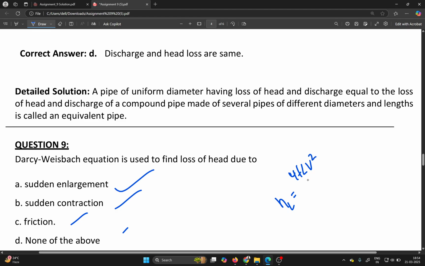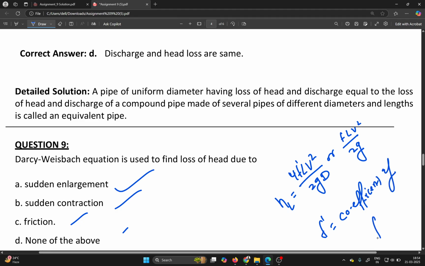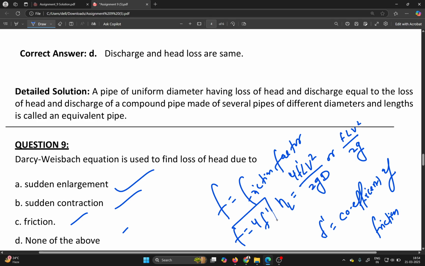It is 4fLv square by 2gD, or f' L v square by 2gD, where f' is the coefficient of friction and f is the friction factor. So the relation is f equals 4f'. Remember, we have a question on this relation. So remember this.